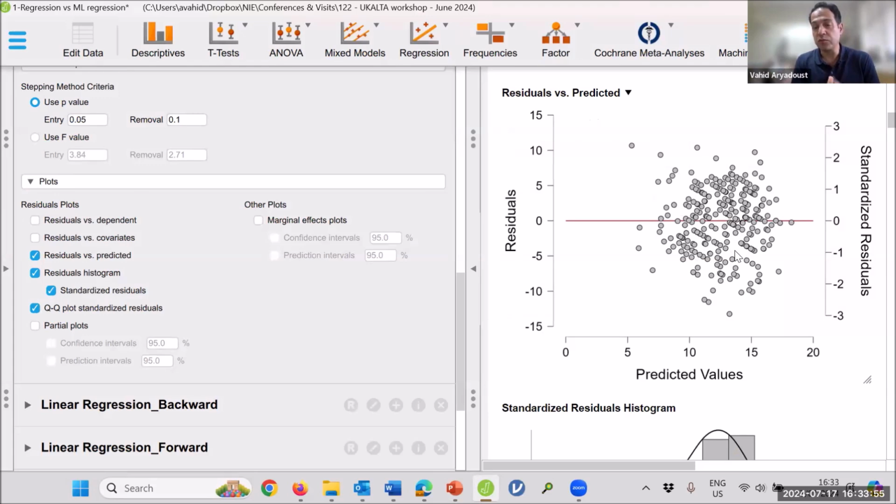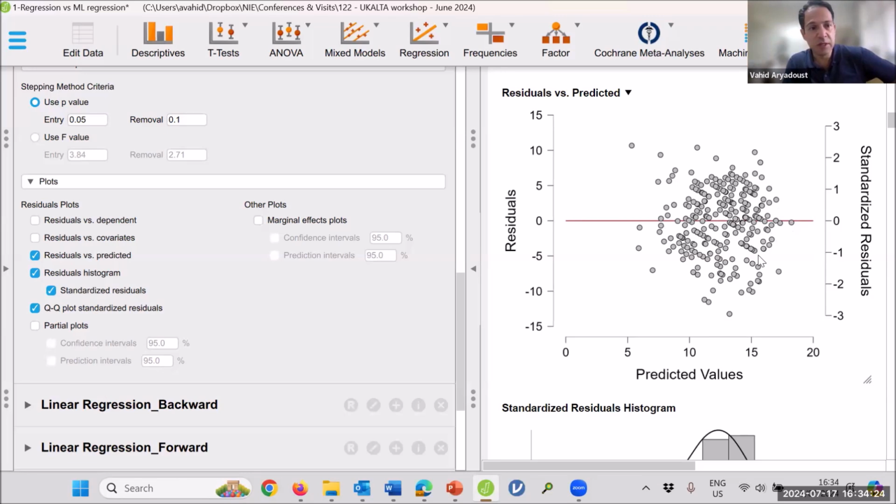There is nothing conspicuous that you'd be able to observe. So I would say the assumption of linearity here is met. The dots are scattered everywhere without having a specific pattern. Okay, so this is not too bad so far.